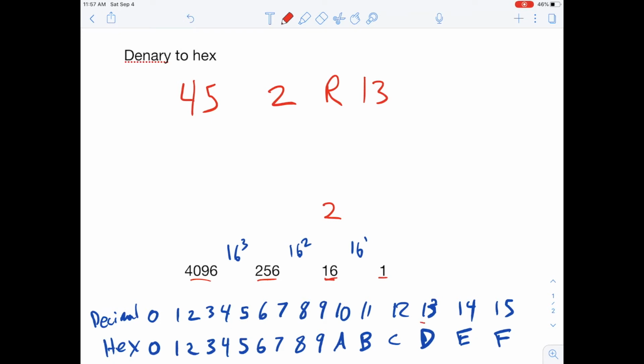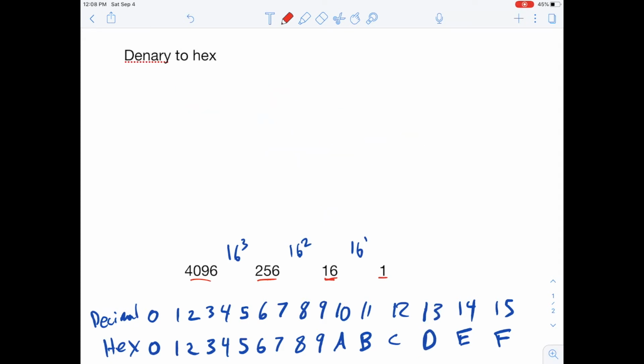So if you look at 13, the hex digit corresponding to decimal 13 is going to be D. So for this one, 45 decimal converted into hex, it's going to be hex 2D. Let's try another one.